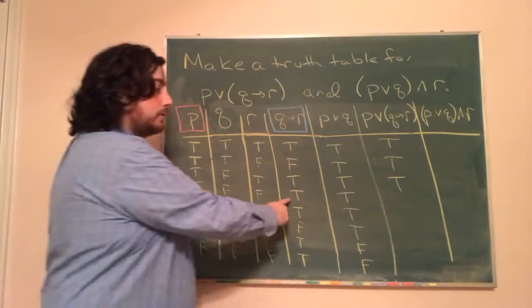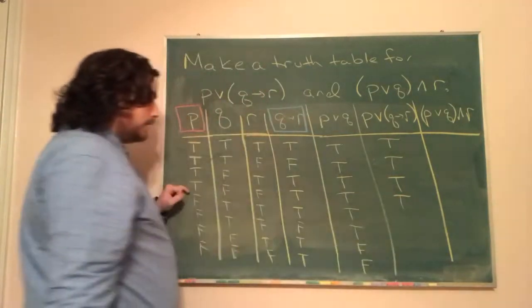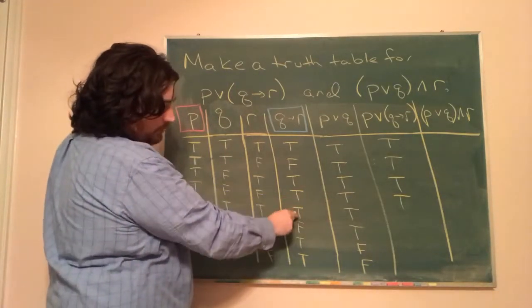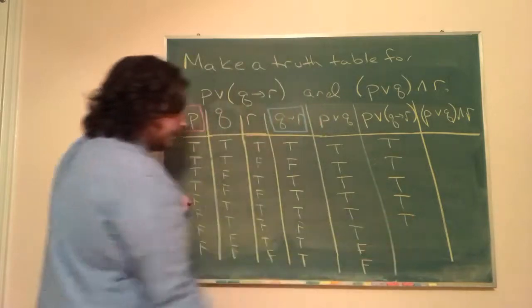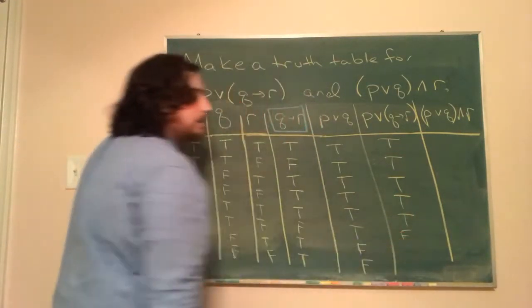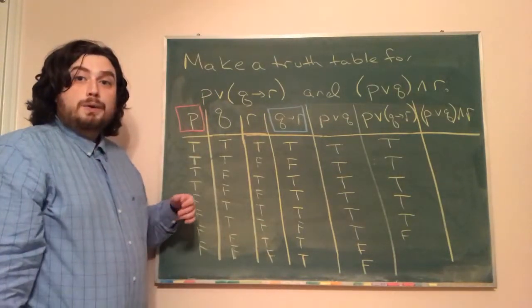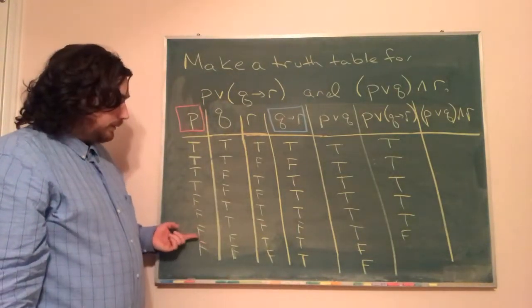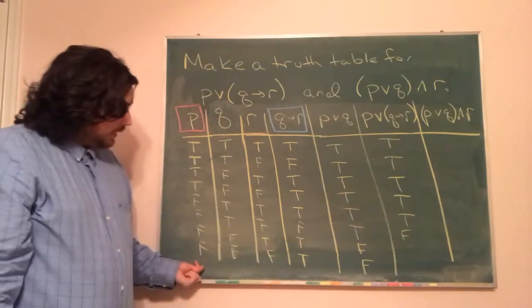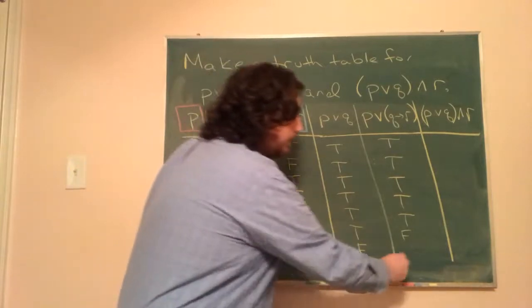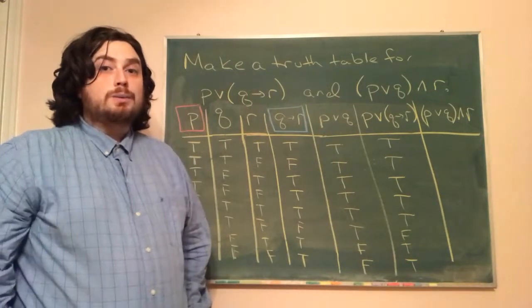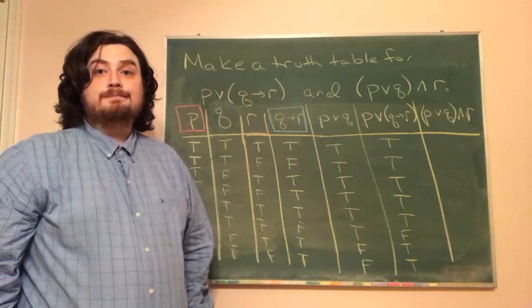Then again, we have true or true is true. And now that we move down to the fifth row, we have false or true, which is true. Then we have false or false. So in this case, we don't have either one of them to be true, so the OR is false. If we look at the last two rows, we have false or true. In both of those cases, because at least one is true, the OR becomes true, and so we end up with true for those last two rows.